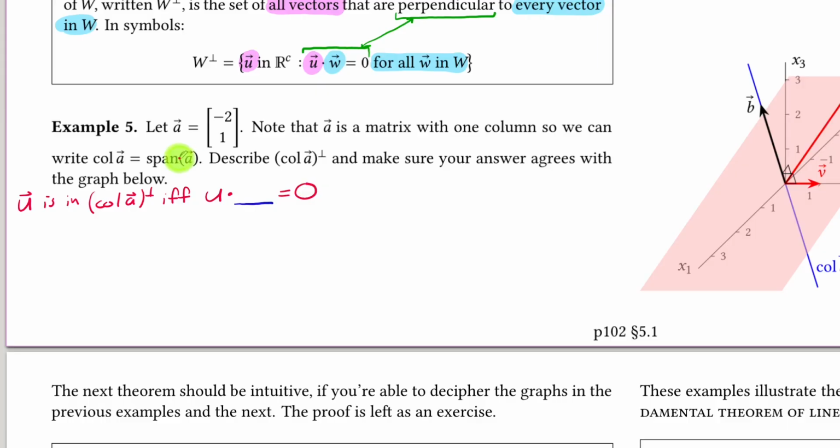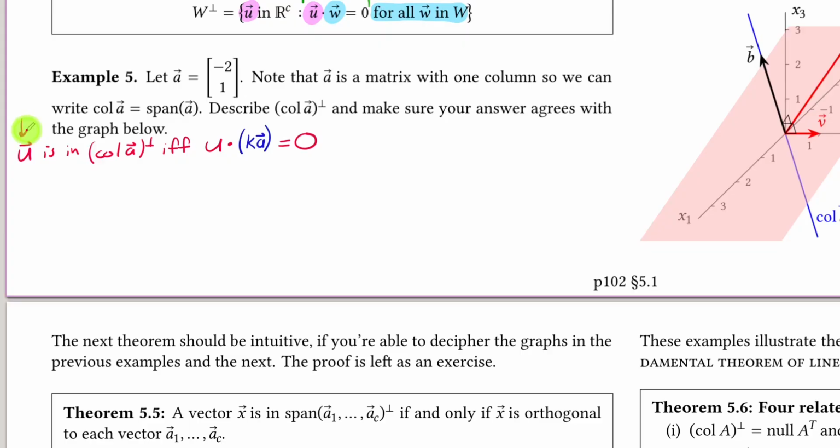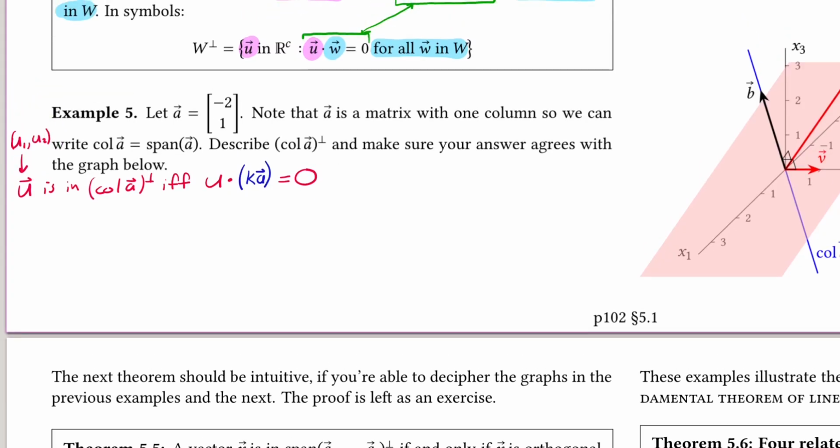But any vector in the column space of A can be written as some scalar k times the vector A. And let's say u has components u1, u2. We also know that kA is the vector negative 2 times k and then 1 times k. So this dot product means we're going to do u1 times negative 2k plus u2 times 1k.